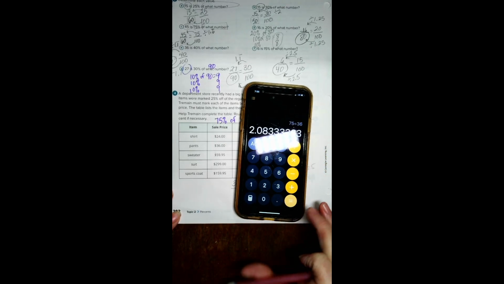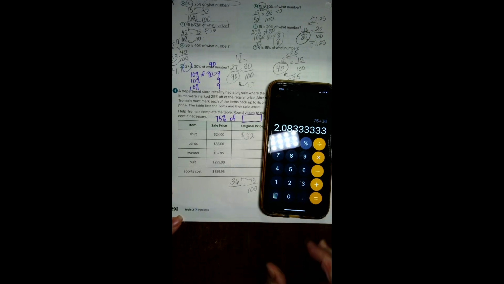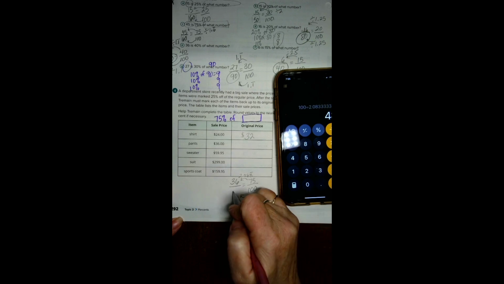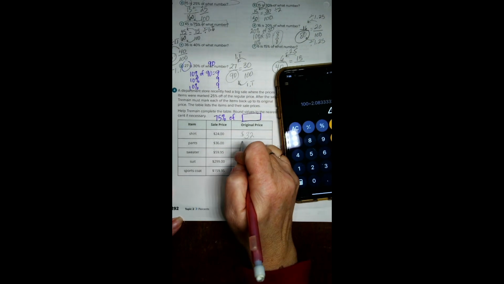Divided by 36. 2.083 repeating. So we're going to do that here. 100 divided by 2.083. And we get 48. So $48.